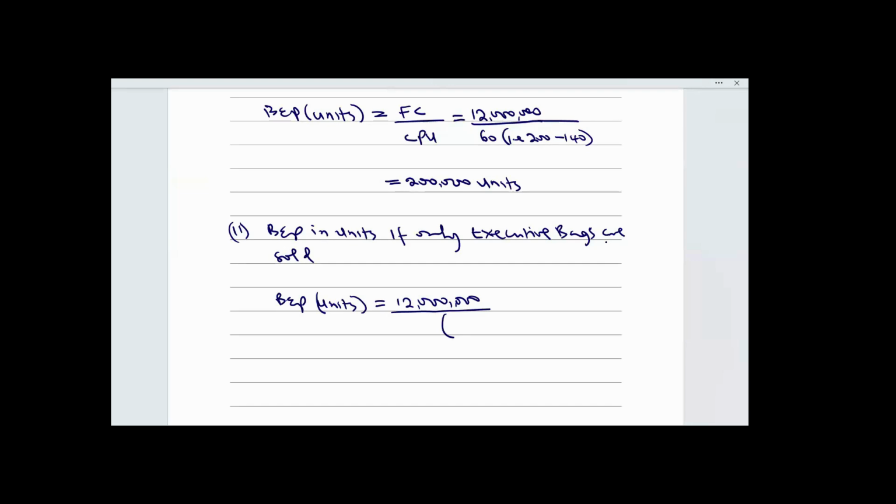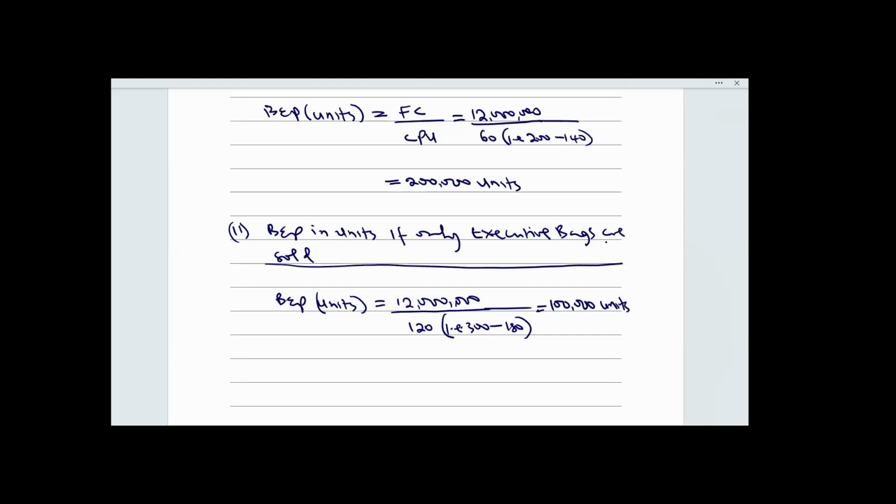Selling price of executive bag is 300. Variable cost is 180. So that's 120. 12 million divided by 120 naira will give you what? That should be 100,000. Am I correct? Yes. So that's it.